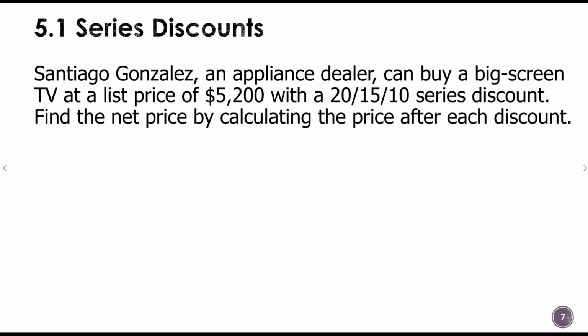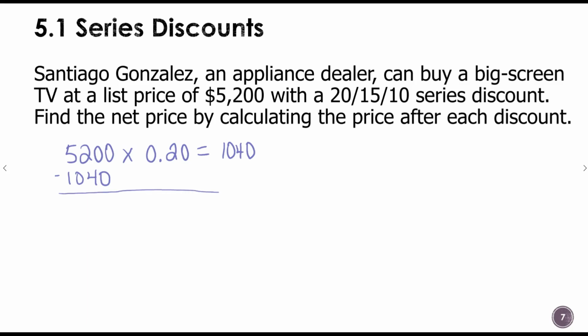So if we take 5,200 and we multiply it by 20%, we get a discount of 1,040, and then we have to subtract that. Okay, so we're going to subtract 1,040, and then we get a new amount of 4,160.